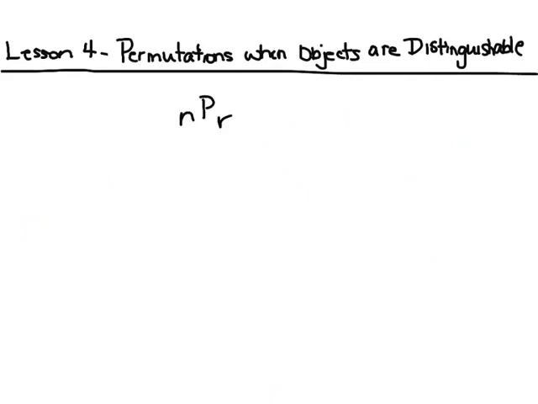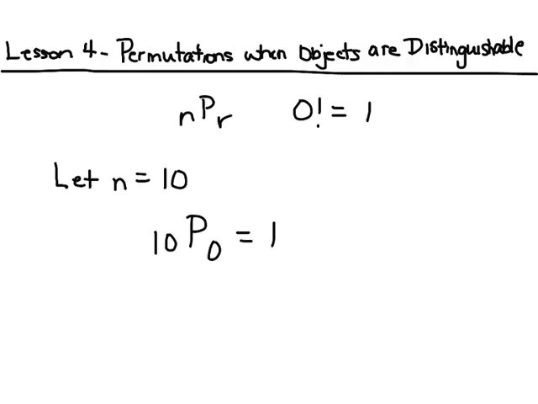Now we're going to use the formula to show that 0 factorial is the same as 1. Let n equal 10. If we have 10 and we pick 0, that means there's 1 arrangement. So n is equal to 10, and r is equal to 0.